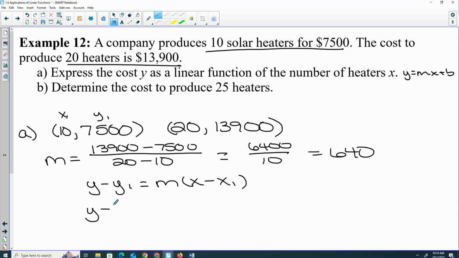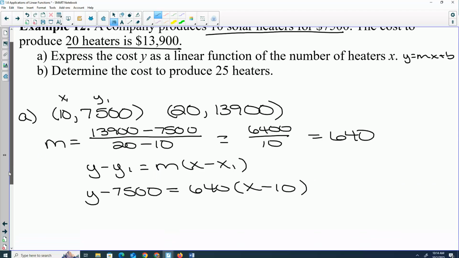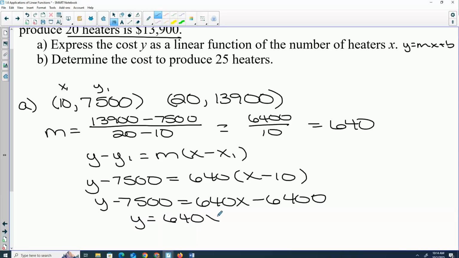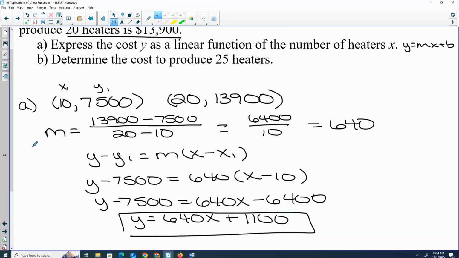So y minus our y1 equals our m, x minus x1. Add over the 7,500. So we have our equation: 640x plus 1,100.